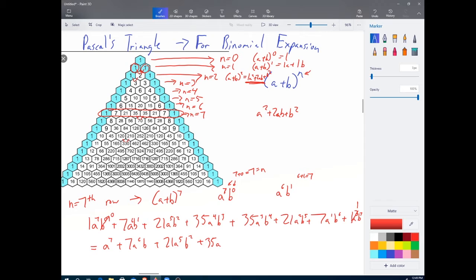Again, this is just a shortcut. And we use binomials all the time. I don't know if you've necessarily noticed in your math class how often you have one thing plus the other thing or one thing minus the other thing. Okay, so still pretty long certainly, but this is as simple as I can write it now.